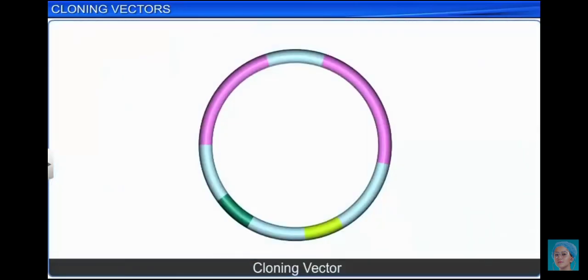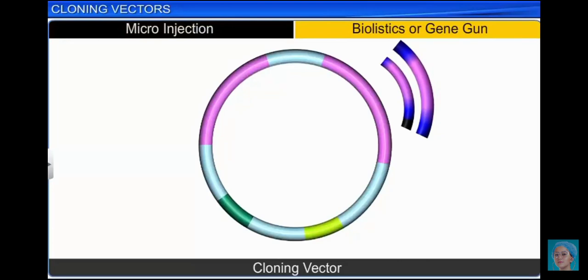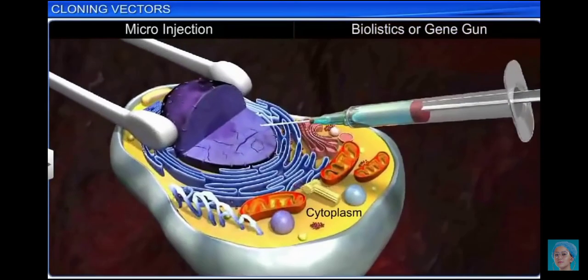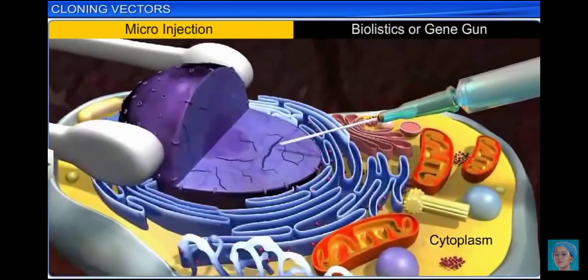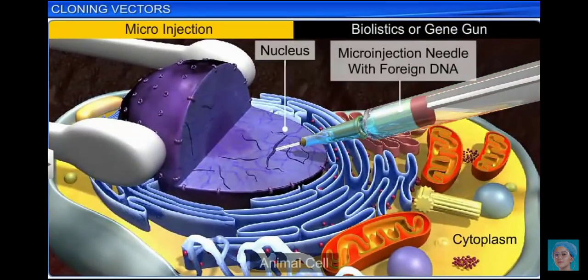Apart from cloning vectors, foreign DNA fragments can also be introduced into host cells using methods such as microinjection and biolistics or a gene gun. The microinjection method involves the direct injection of recombinant DNA into the nucleus of an animal cell.